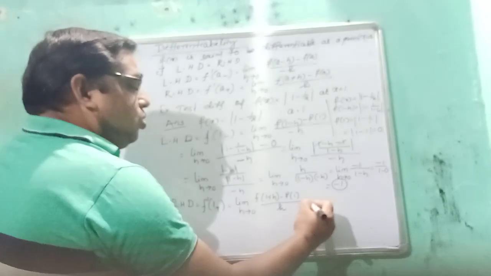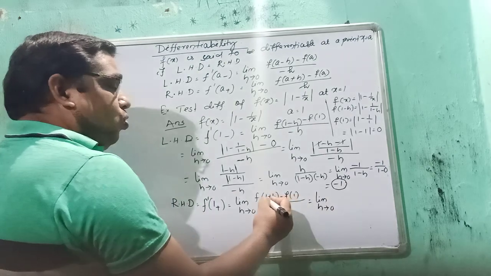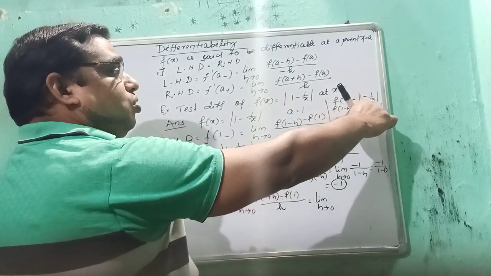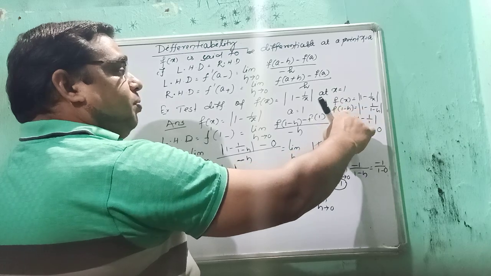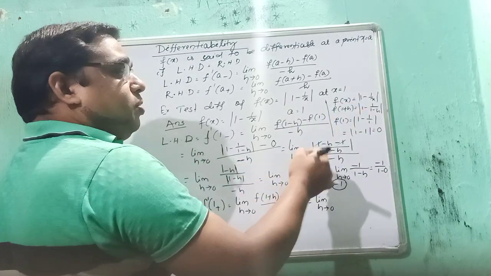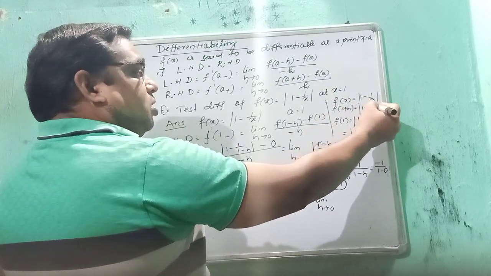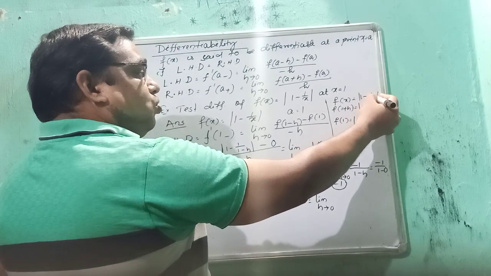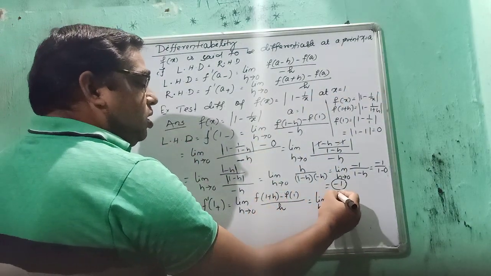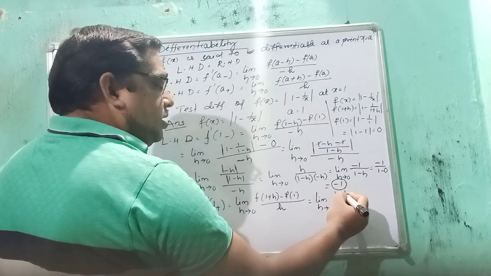What is f(1 plus h)? Since f(x) is equal to modulus of 1 minus 1 by x, we replace 1 plus h in place of x: modulus of 1 minus 1 by 1 plus h.